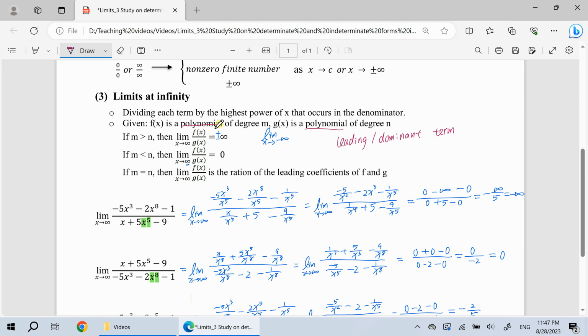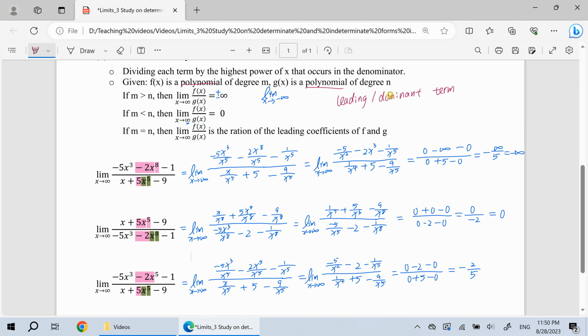Since we are talking about polynomials, the keyword is leading term, also called dominant term. We only care about the leading term in the numerator and denominator. Following this technique, here this degree is 8, here is 5, so m is greater than n, and the limit goes to infinity.